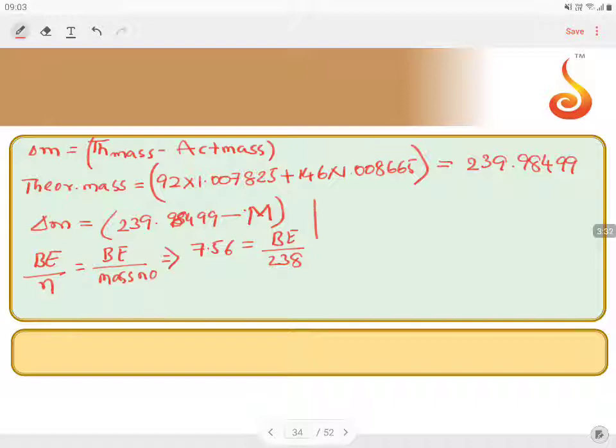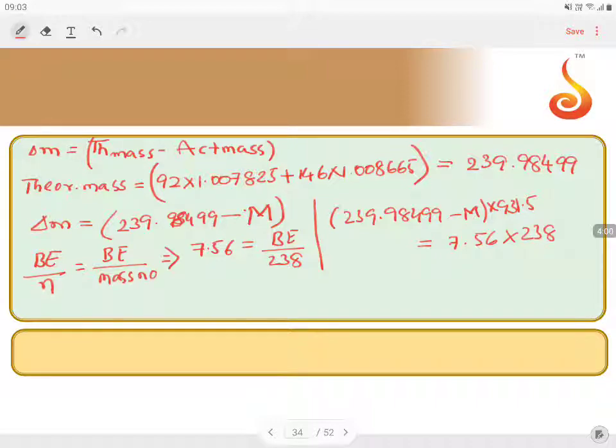And now from this, the binding energy can be found. What is binding energy? It is delta M, 239.98499 minus M, multiplied by 931.5 million electron volts. This is your binding energy, which will be equal to 7.56 into 238.